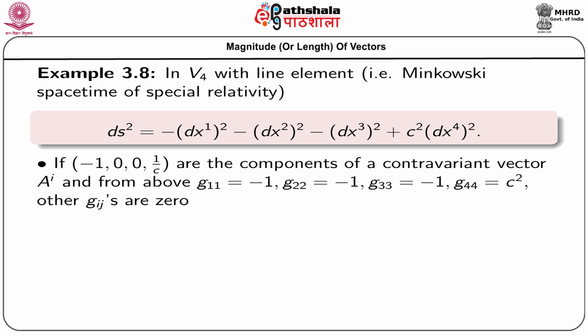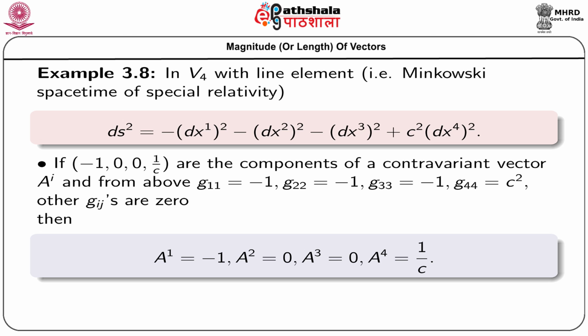If minus 1, 0, 0, 1 by c are the components of a contravariant vector Ai in this Minkowski space, and G11 equals minus 1, G22 equals minus 1, G33 equals minus 1, G44 equals c square, and other Gij's are 0 from the expression of the line element, we can write the components of the contravariant vector as follows: A1 equals minus 1, A2 equals 0, A3 equals 0 and A4 equals 1 by c.